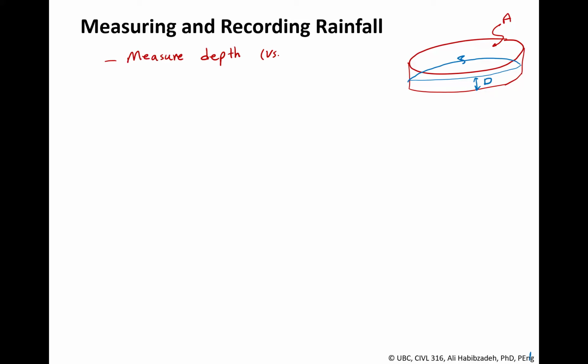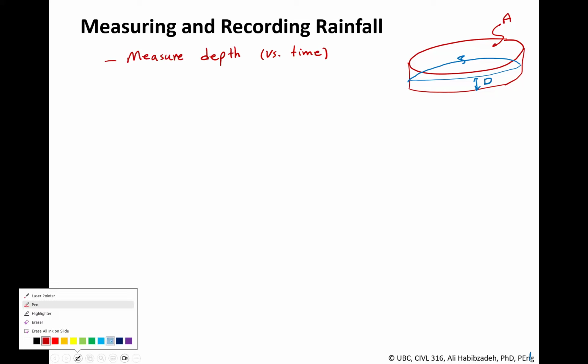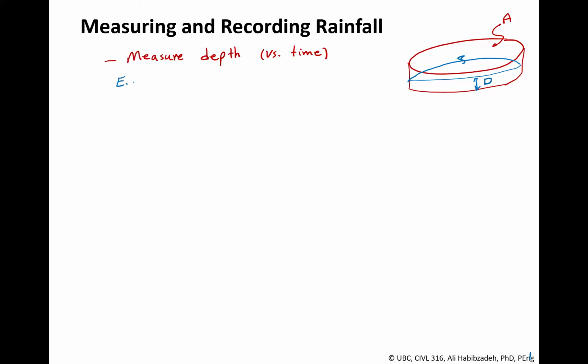Obviously, it is versus time, because as the rain continues, we collect more and more, so depth changes. In other words, let me write that down too. This really means accumulated depth over time. This is what we are really measuring. Accumulated depth over time.